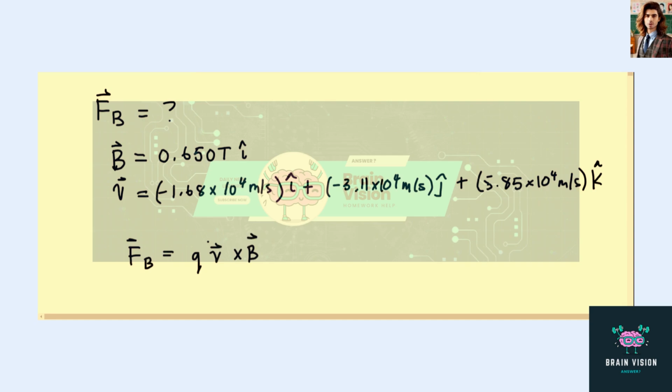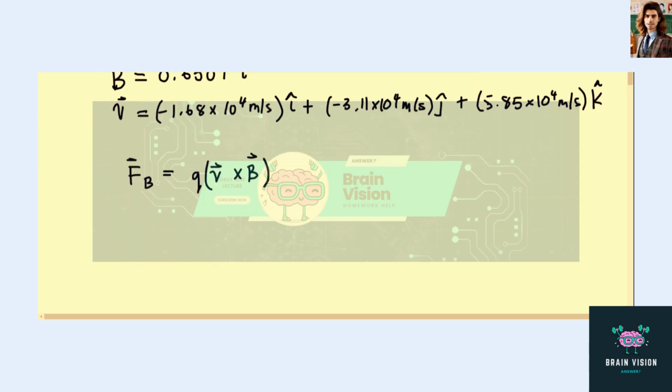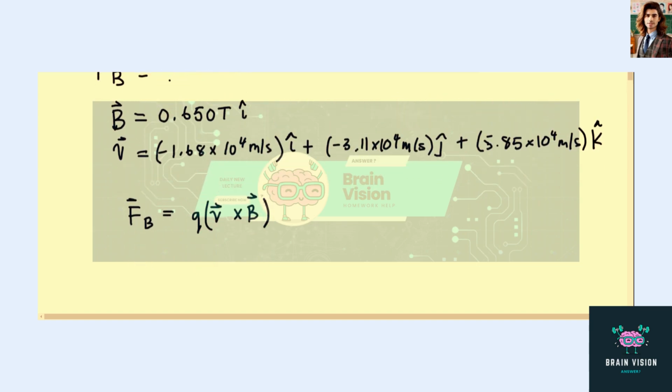Now, there's a couple different ways that you can do the cross product of 2 different vectors. I prefer to do it with the unit vectors as I've written here, but you also have the method where you write out the different vectors and then you do the cross multiplication and things like that.